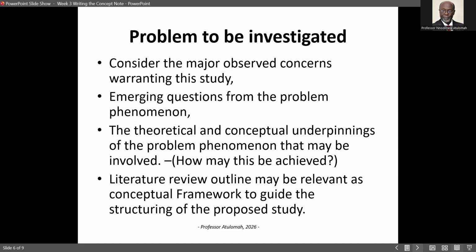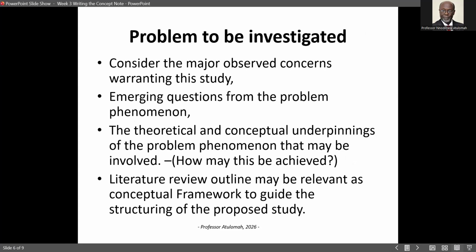The problem to be investigated requires serious consideration. Sometimes the problem manifests itself as symptoms, but the deep reason for such an observed phenomenon, which sometimes we refer to as the problem, is not really the problem. They are simply symptoms demonstrating the presence of some underlying challenges.